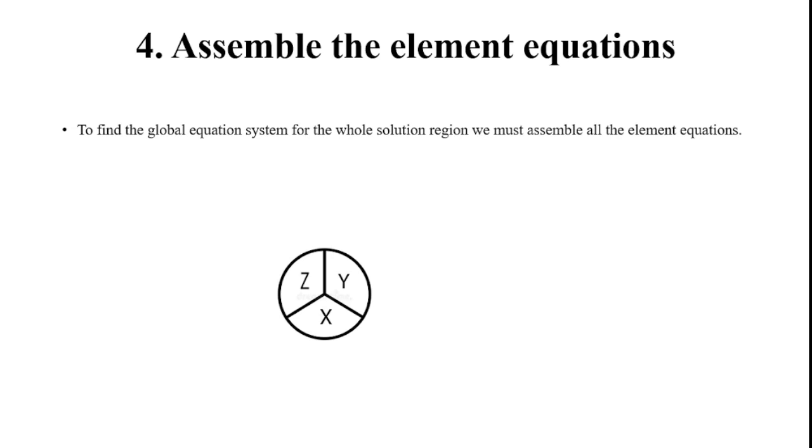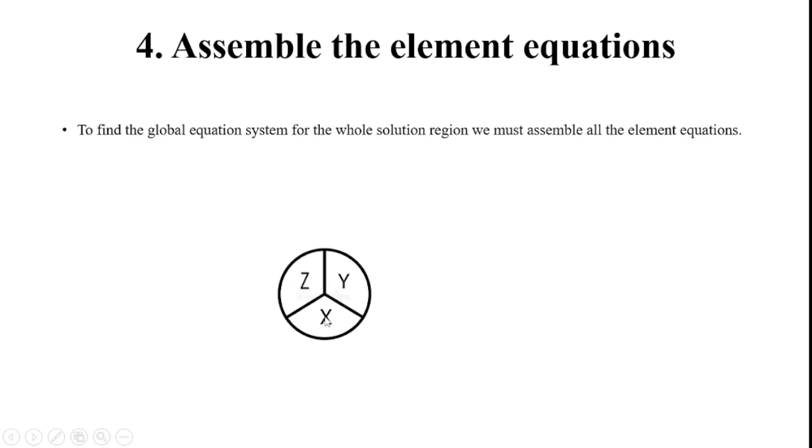Finally, I can frame the equations for each and every individual element. I may assemble all the element equations with each other. So from this assembly, I can find the global solution of the system. To find the global equation system for the whole solution region, we must assemble all the element equations. As in this diagram, there is a circle. It's split into simple triangular elements x, y, z.